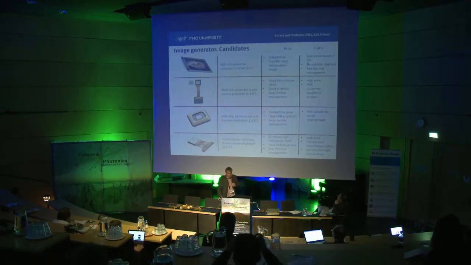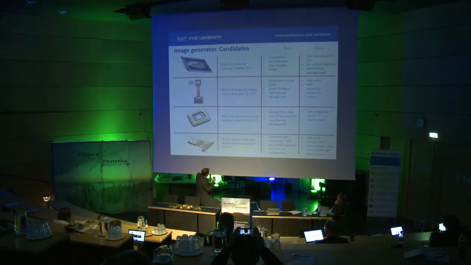Traditionally, this system was based on DMD chip. This is a micromirror array. But our research showed that more promising are small LCD screens and so-called FLCOS chips. This is ferroelectric liquid crystal on silicon chips.